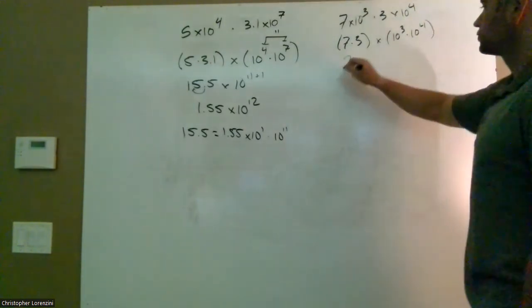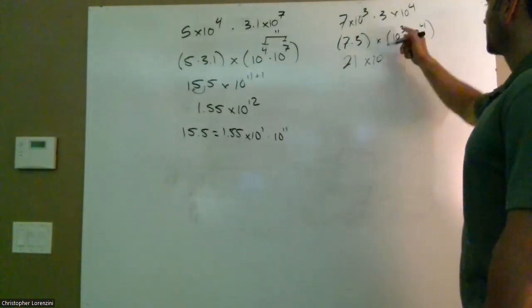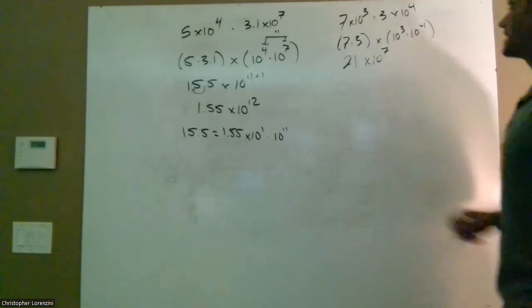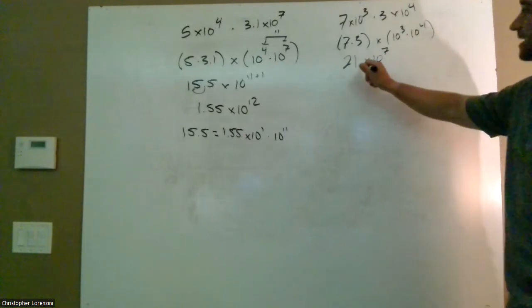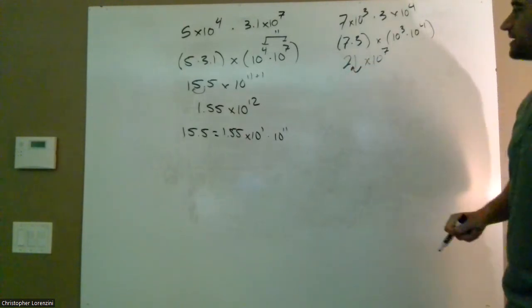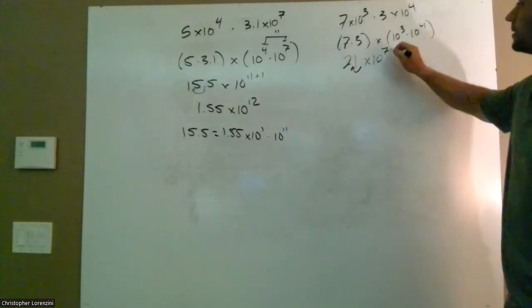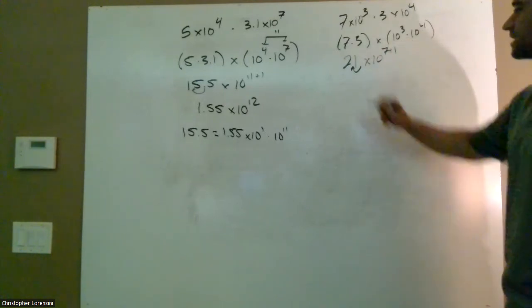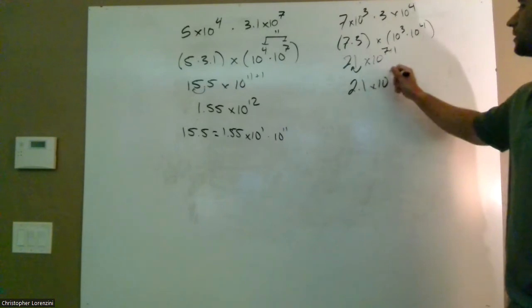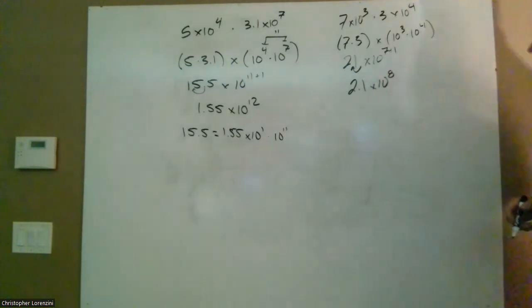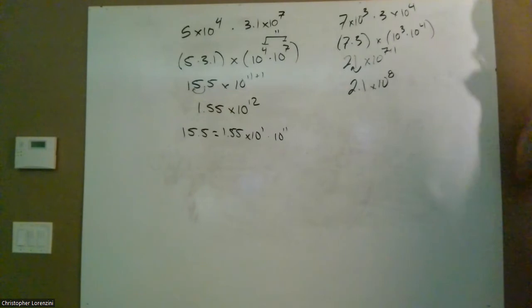And then I get 21 times 10 to the 7th power. This number is larger than 10. So I'm going to move that decimal to the left 1, and I'm going to add 1 to my exponent here. So this becomes 2.1 times 10 to the 8th power. That's how we deal with that.